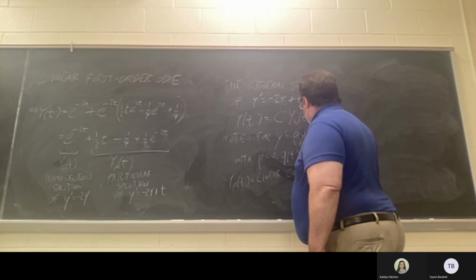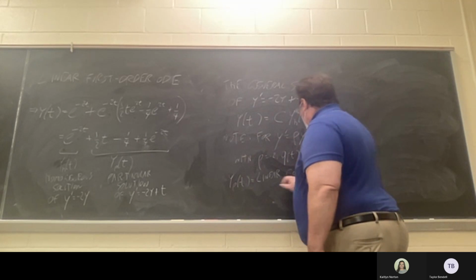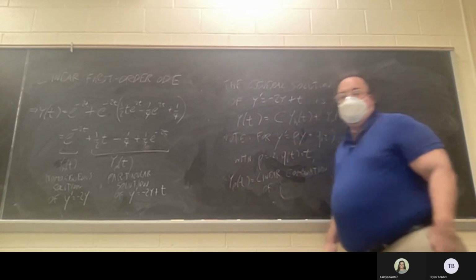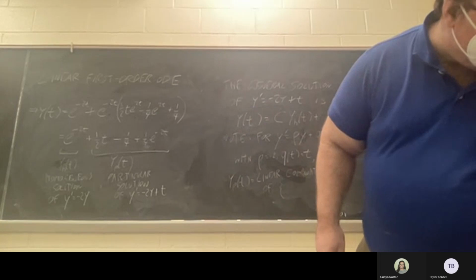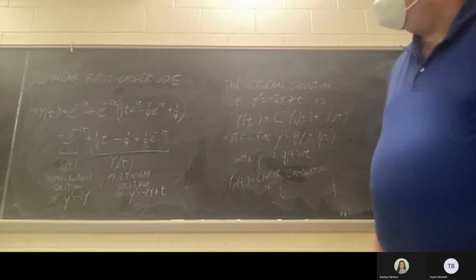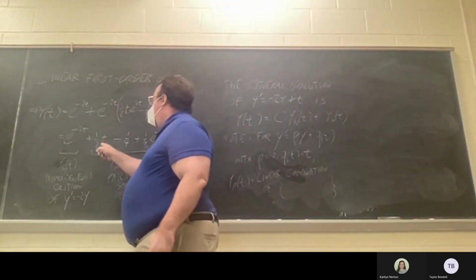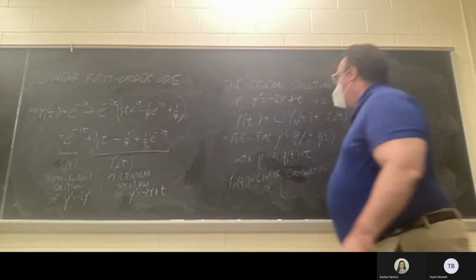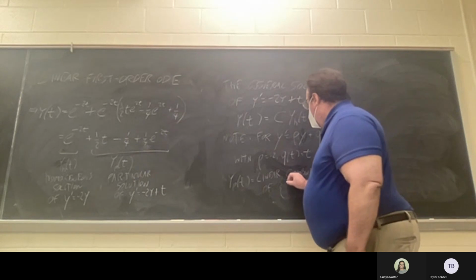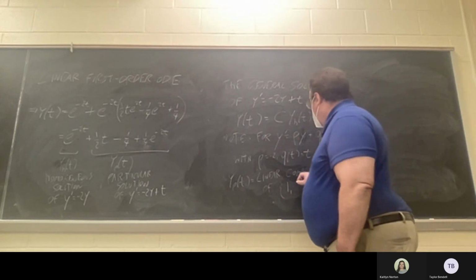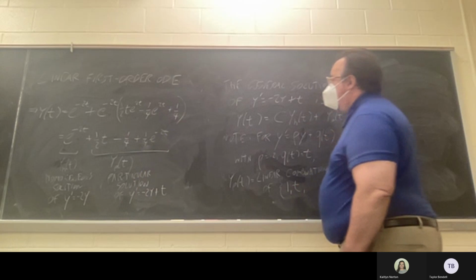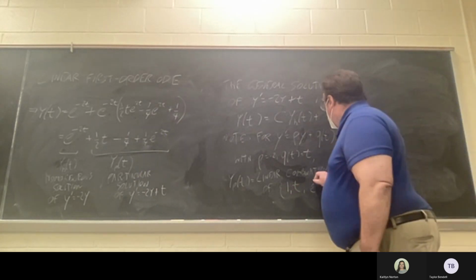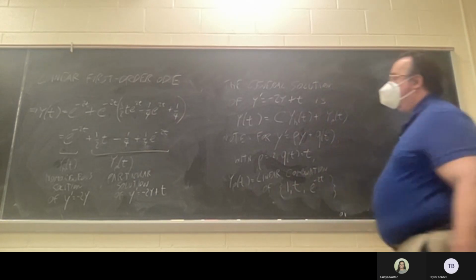What I want to focus on here is, what are those functions? Because we had three terms altogether. If we ignore the constant factors, what we got was a linear combination of one, so there's a constant term, and there's a linear term, so we have t. And then we have e to the minus 2t.